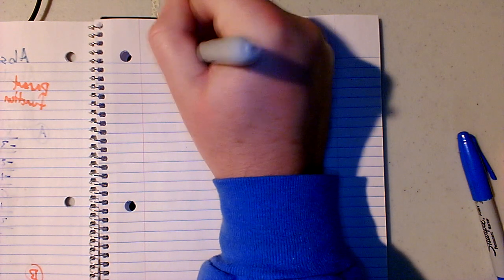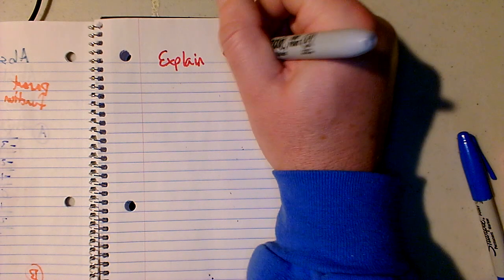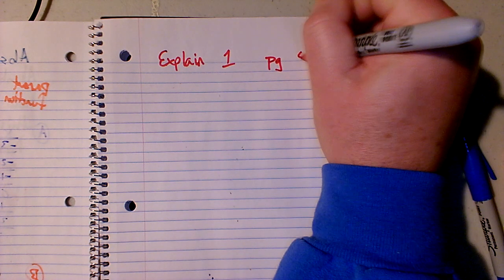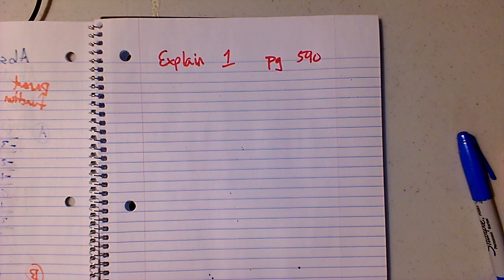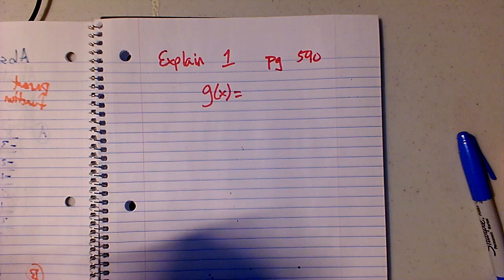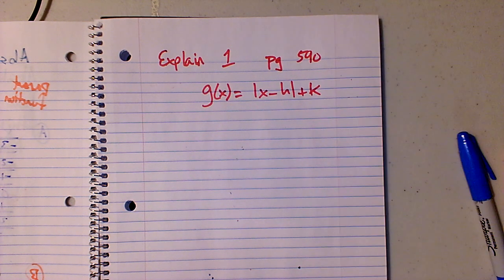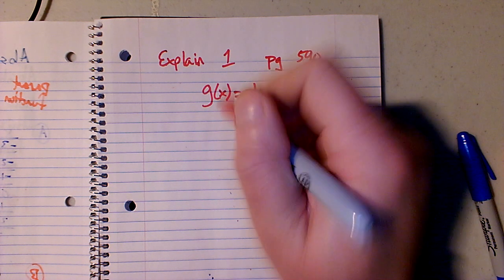So, in Explain 1, and once again, that's where I'm going to switch between the book and my notes, on page 590, they give us this generic form of the absolute value function, where h and k are numbers, constants.